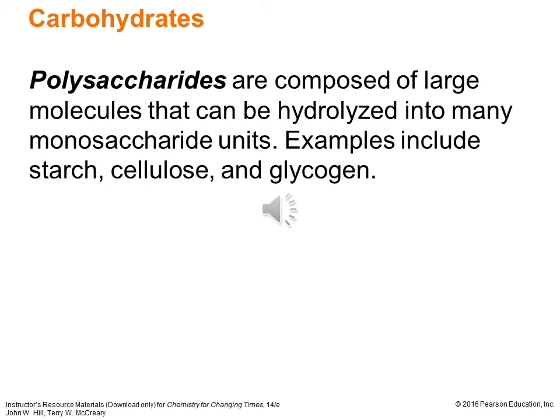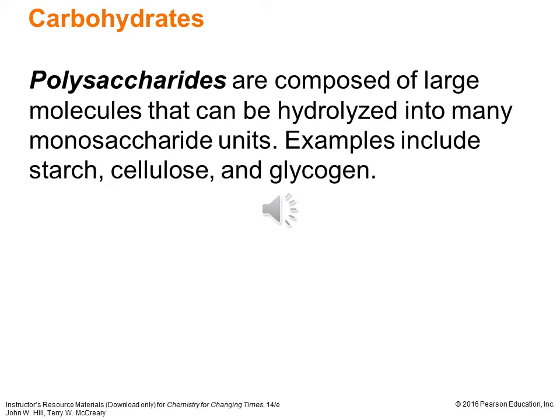So if we continue to synthesize larger and larger, more complex carbohydrates, we go from the monosaccharide to the disaccharide to what we would call oligosaccharides, which are just smaller groups, all the way up to polysaccharides, where we have very large molecules that have lots and lots of monosaccharide units. Examples of these would be starch, cellulose, and glycogen.